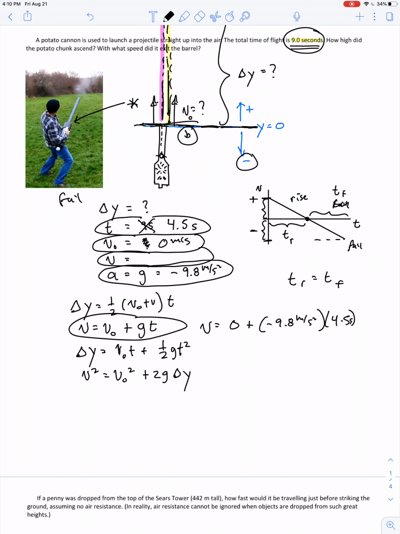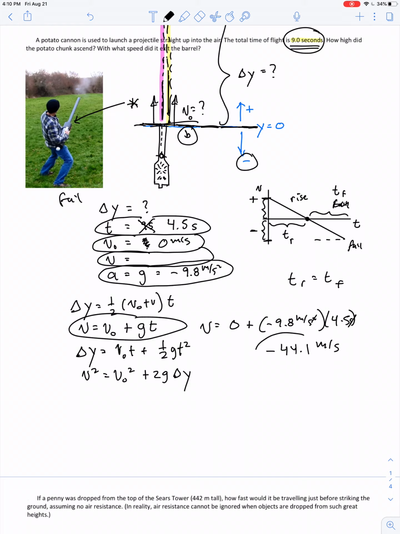So dimensionally, seconds cancels a little bit with seconds squared, leaving us with meters per second. Grab a calculator if you want to double check my math. 4.5 multiplied by negative 9.8 gives negative 44.1 meters per second.